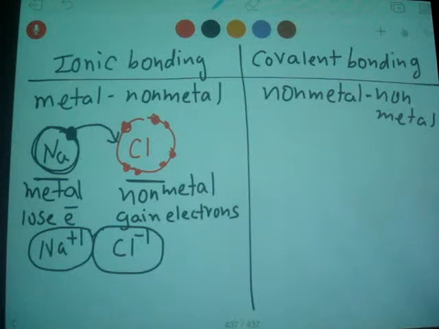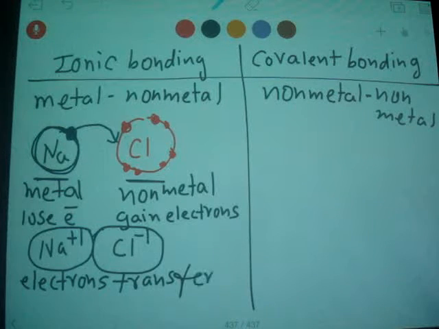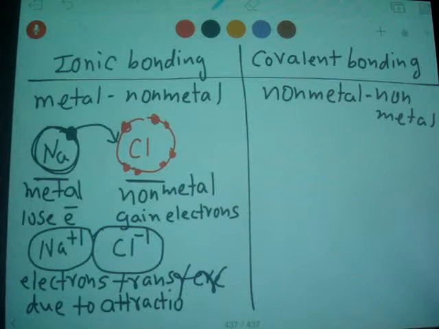So this bonding happens when electrons transfer, and you can see the attraction between positive and negative charges. So that's ionic bonding.